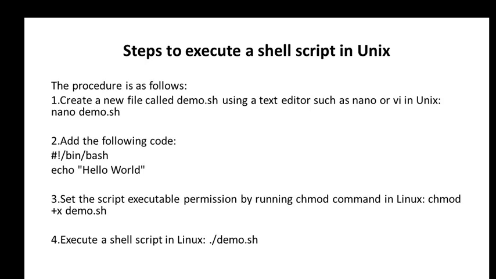The first step is to create a new file called, for example, demo.sh, using a text editor such as nano or vi in Unix: nano demo.sh. That is the first step.